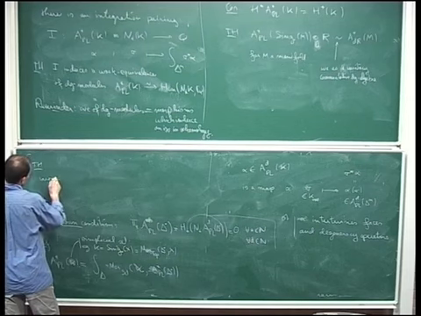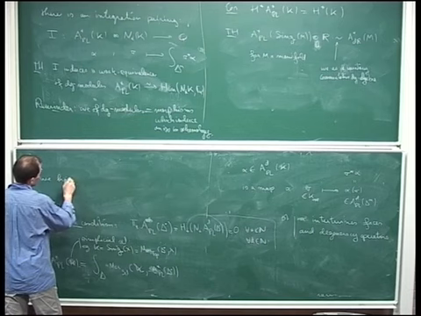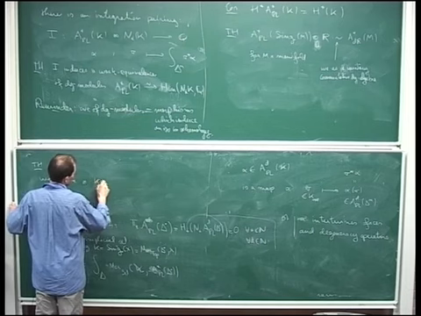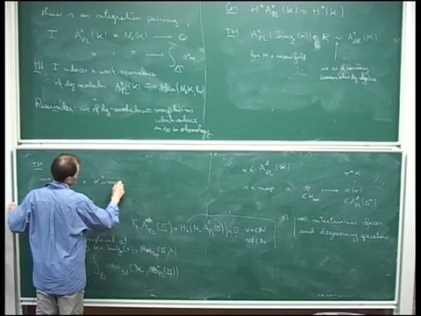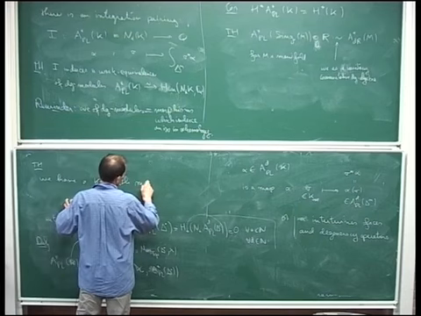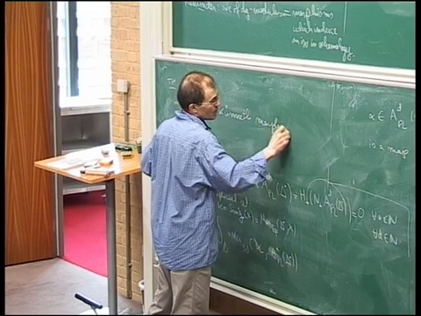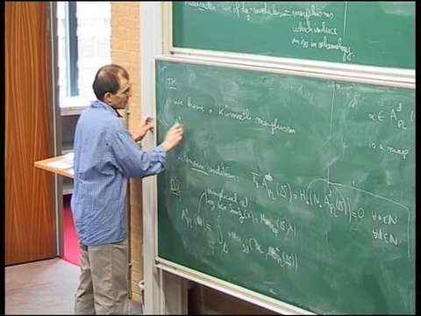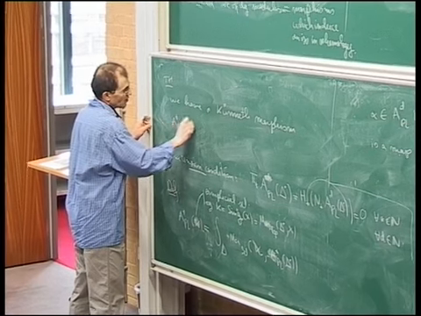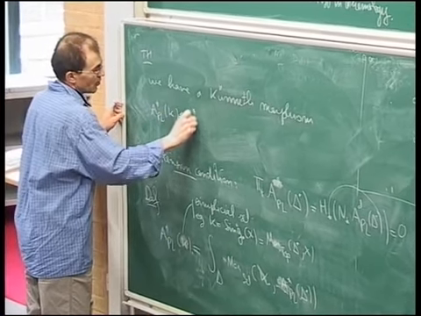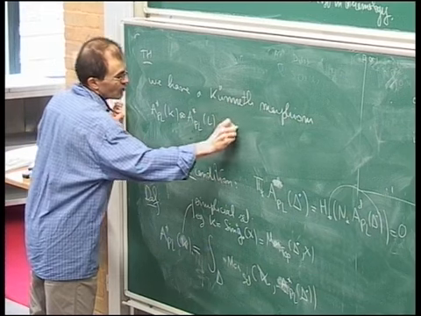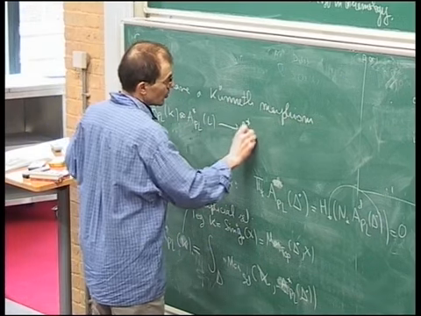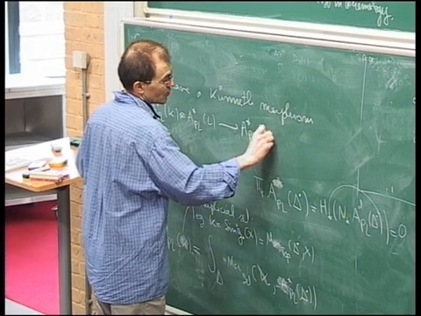We have a Künneth morphism going from A upper star PL K tensor A upper star PL L, and it goes to A upper star of K cross L.